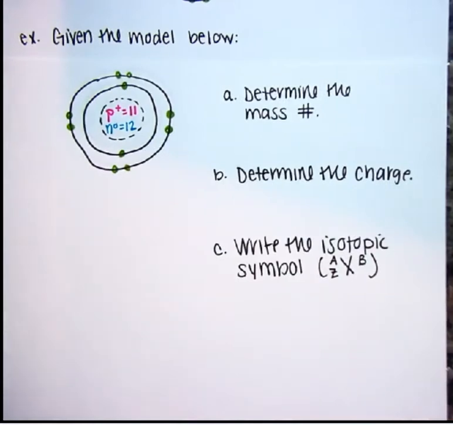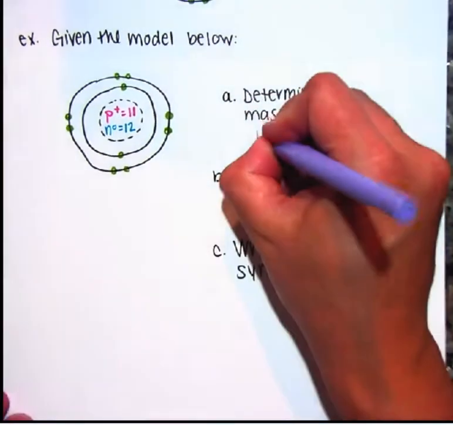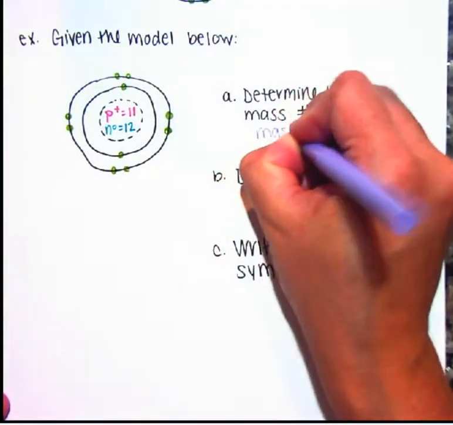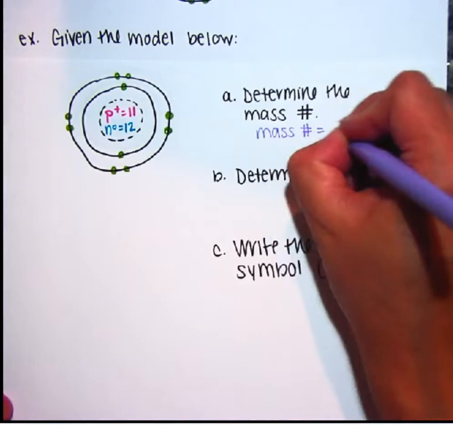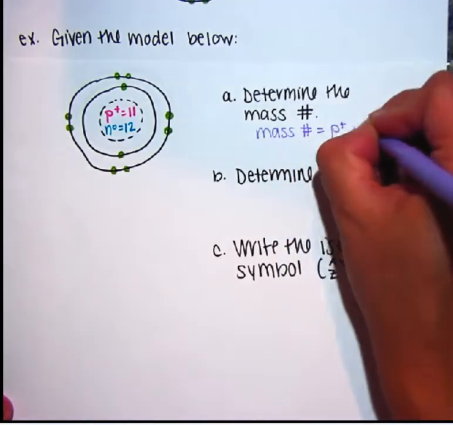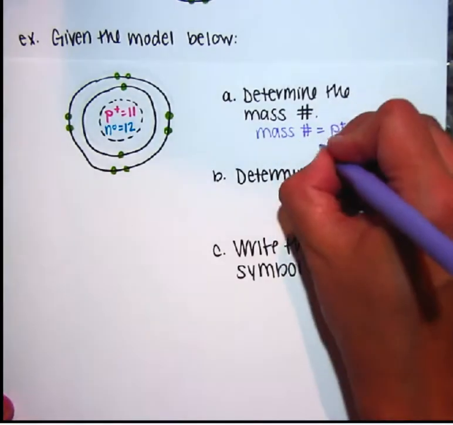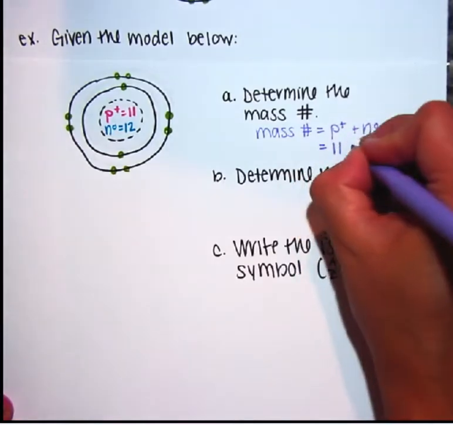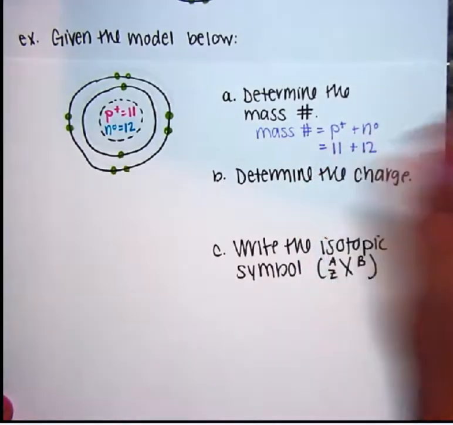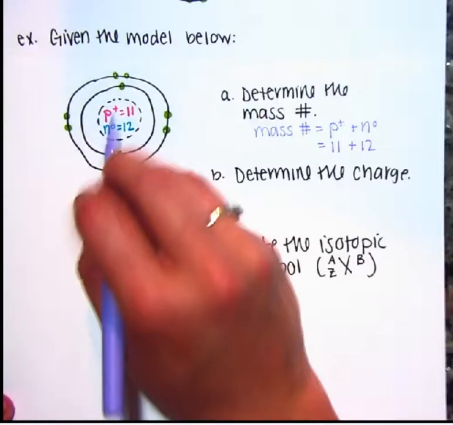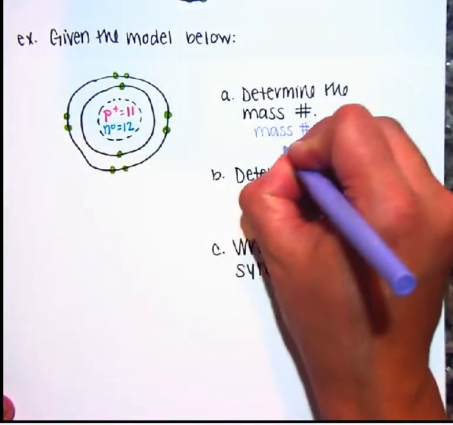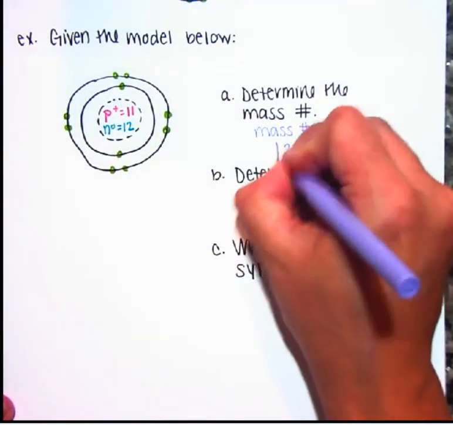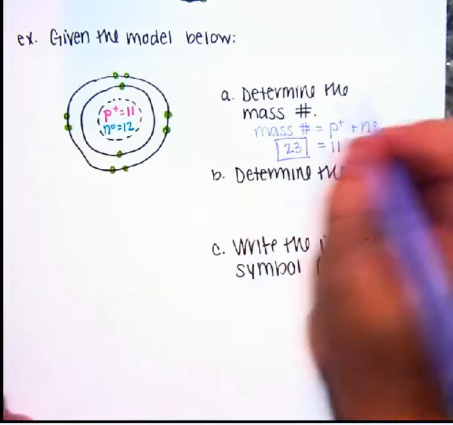So first, mass number. The mass number, again, is equal to protons plus neutrons. I have 11 protons and 12 neutrons, right there in my nucleus. So my mass number is 23.